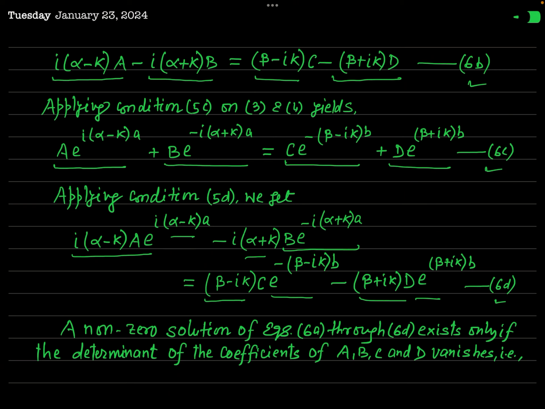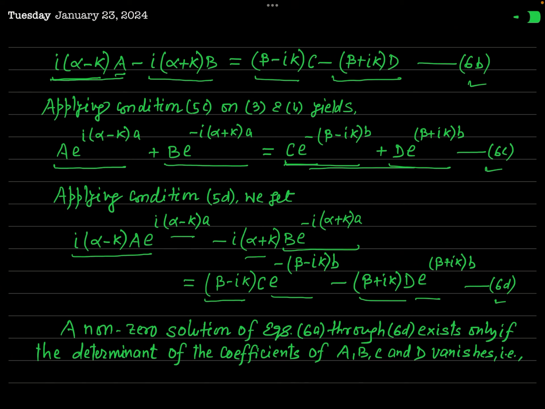This is i(α − k). The coefficient of B is minus i(α + k). Okay. And for writing this in determinant form, you have to bring these two terms to the LHS. So when you bring them to the LHS, the positive term will become negative and the negative term will become positive. Okay.